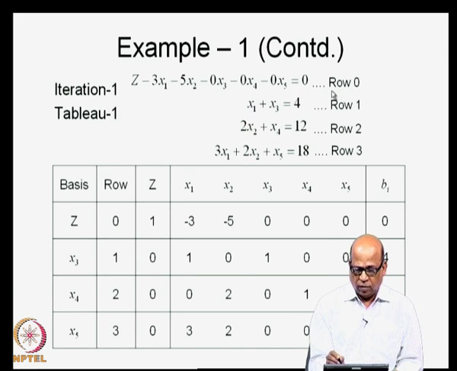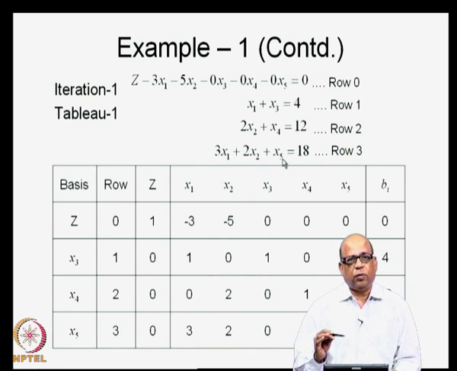We write it as row 0, and the right hand side will be 0 for this. Then x 1 plus x 3 is equal to 4. We have introduced the slack variable x 3, and we call it row 1. 2 x 2 plus x 4 is equal to 12. We have introduced the slack variable x 4. Then 3 x 1 plus 2 x 2 plus x 5 is equal to 18. We have introduced a slack variable x 5.